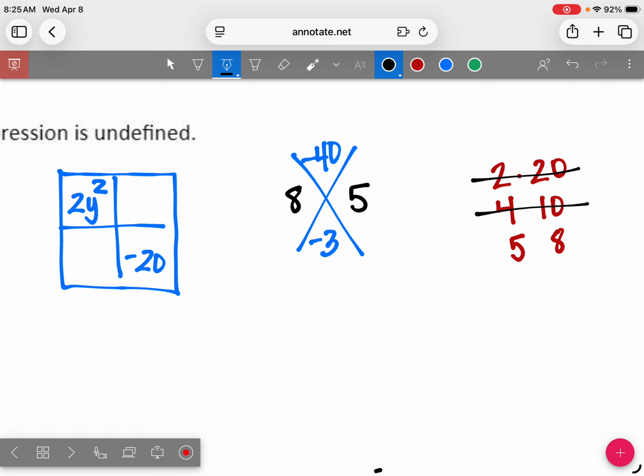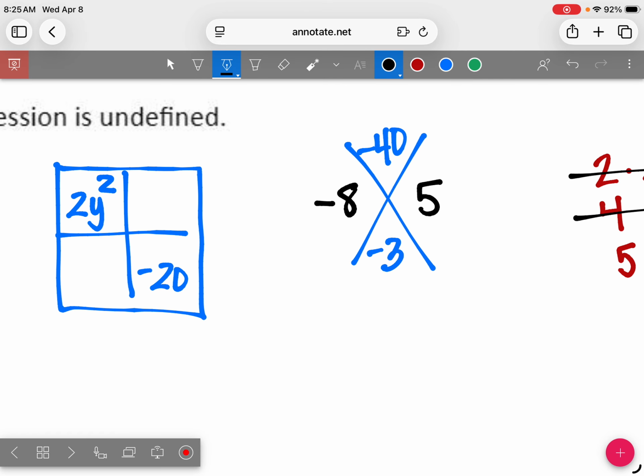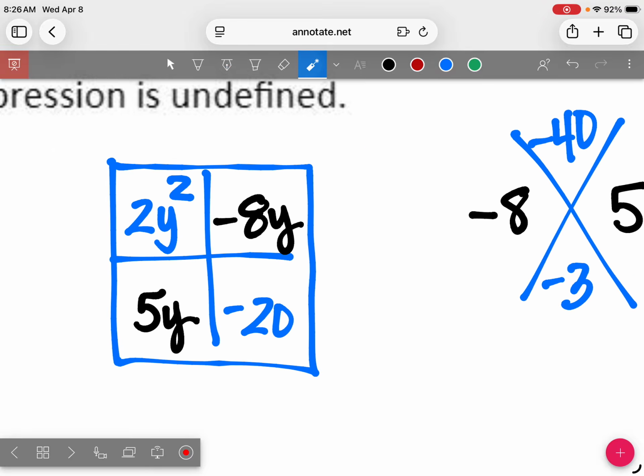It's the bigger number, 8. All right, so now we're going to put our negative 8y and our positive 5y. Go 2 squares at a time, taking out your GCF. So this top row, they're both even numbers.